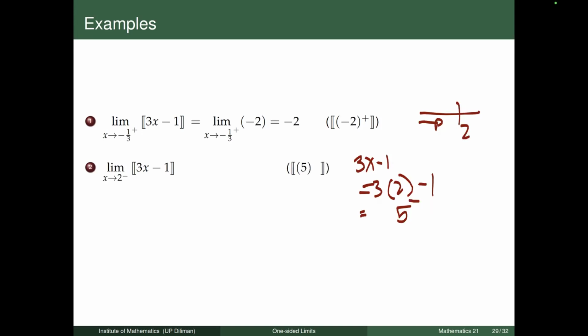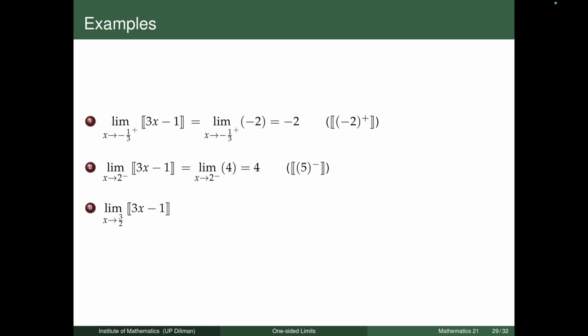Okay. And so here is 5, so its GIF will be 4. Okay, and the answer is 4. How about 3 halves? If you replace the x by 3 halves, what we get is 3 times 3 halves minus 1.